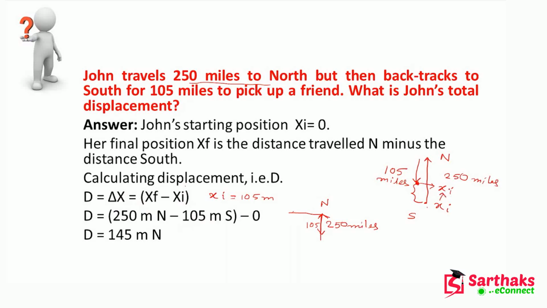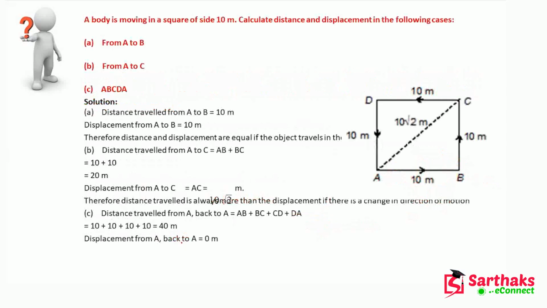It has been shifted to this one. So xi is the 105 mile and xf, the final position, is the 250 mile. This point is the final position. So the displacement will be 145 miles north.